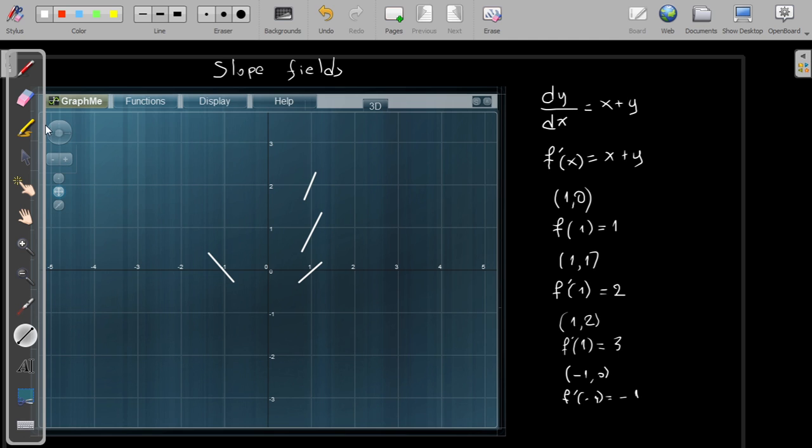So you see now, slowly I'm starting to form my slope field. If I take the point (-1, -1), the gradient is going to be -2. So it should look like that.